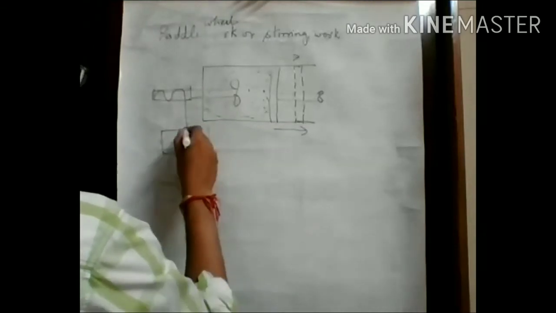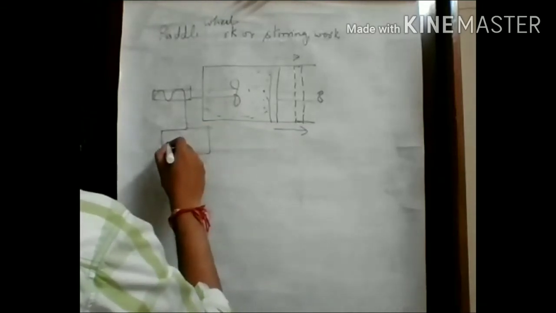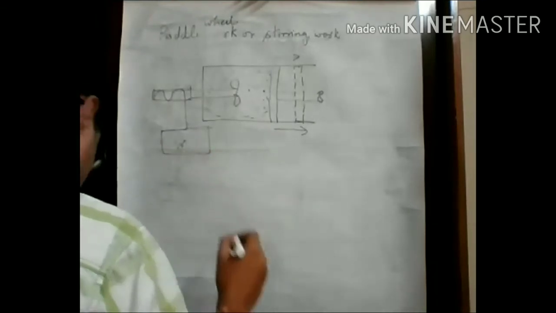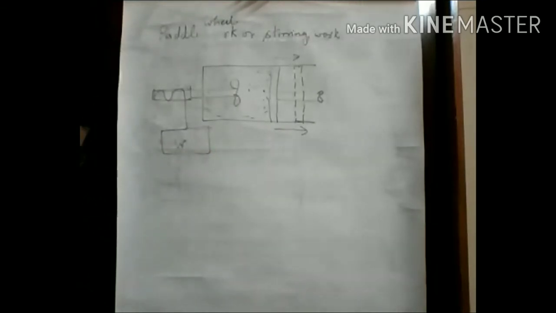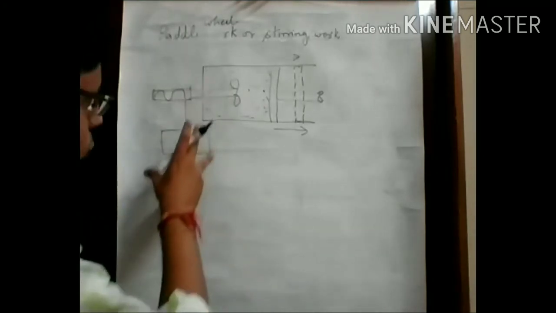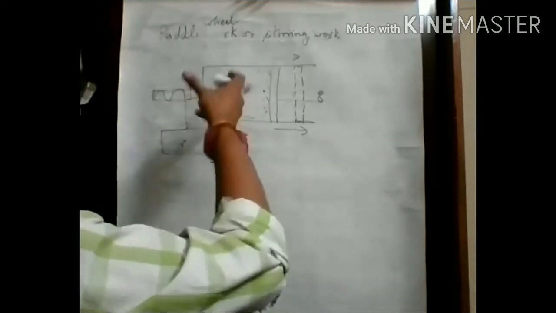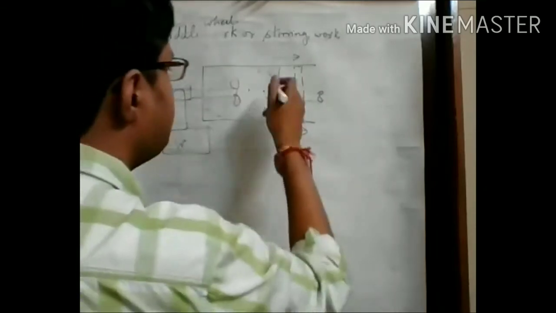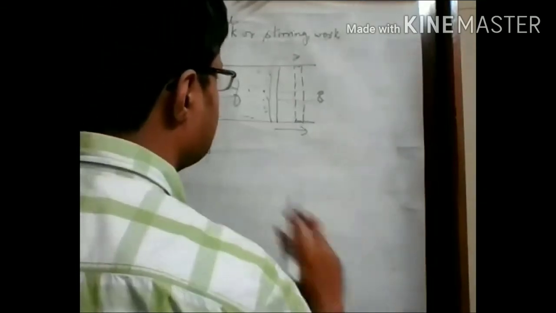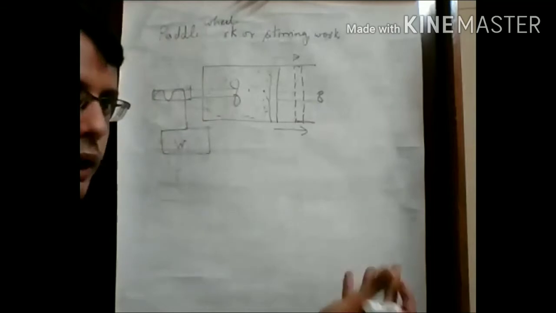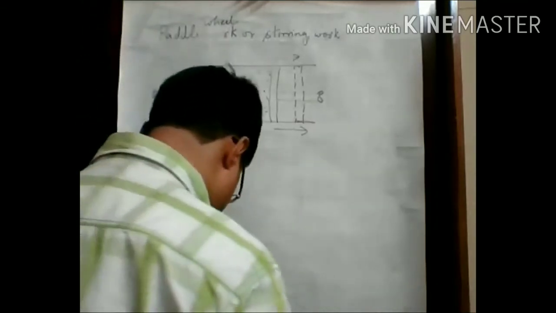Okay, like that. This weight is some W. So due to this weight's motion, the paddle is working, and that's why this piston is moving in the outward direction. Okay, something like this phenomenon is happening inside the problem.